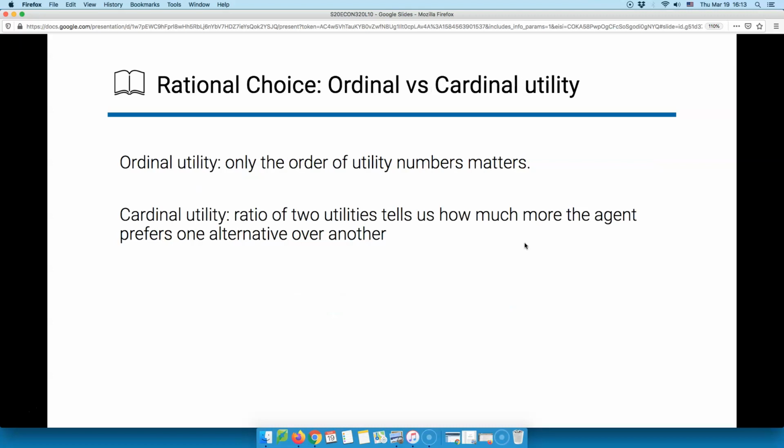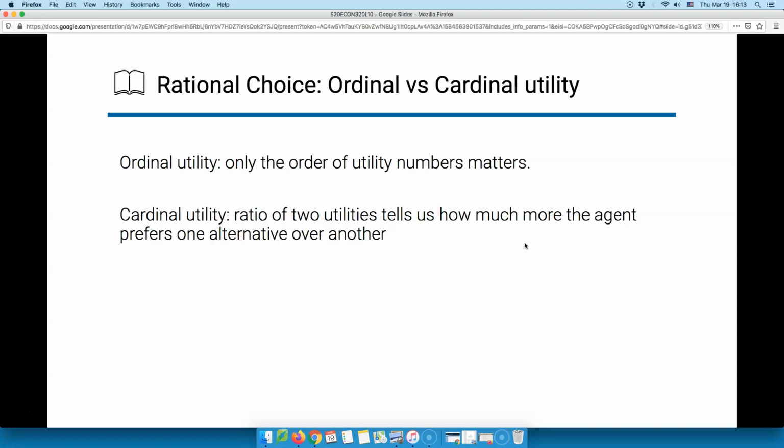The important distinction that we should consider, though, is the distinction between ordinal and cardinal utility. When we compare the alternatives, one way to do it is to just assign a better alternative a higher number.